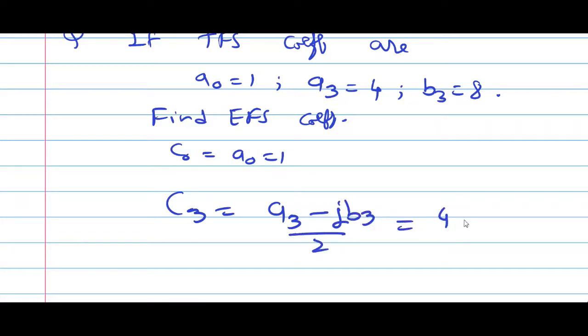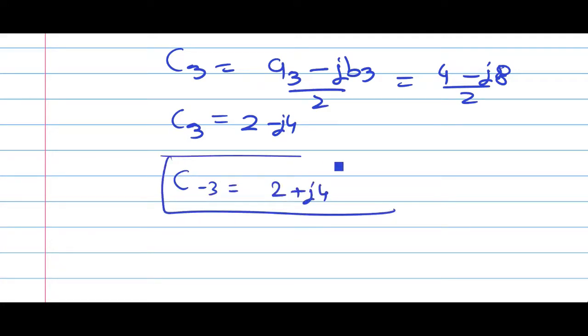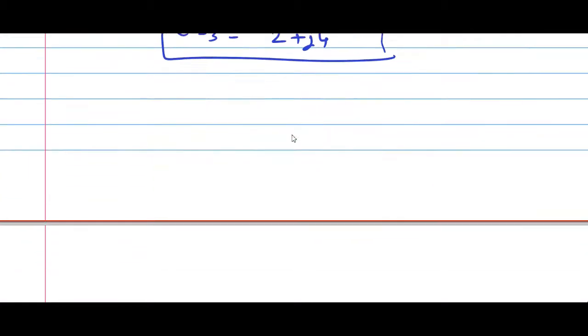So A3 is 4, B3 is 8, so 4 minus J8 divided by 2, so the 2 gets cancelled out, so it comes out as 2 minus J4. So C3 is 2 minus J4. C minus 3 will be 2 plus J4. So this is the answer for this question. So this is how, if trigonometric Fourier series coefficients are provided, you can determine the exponential Fourier series coefficients.